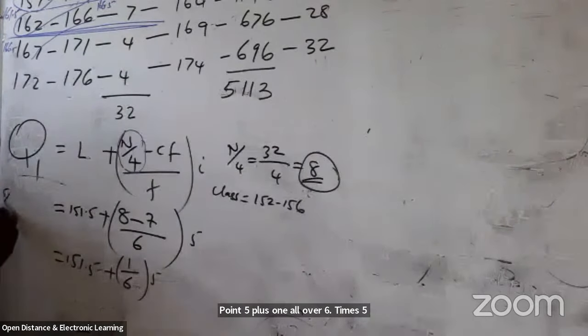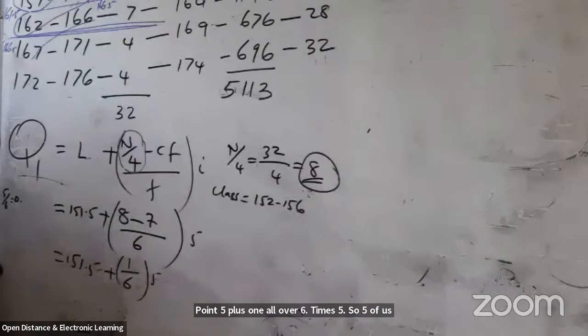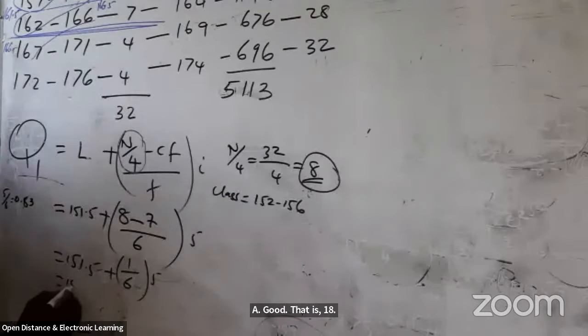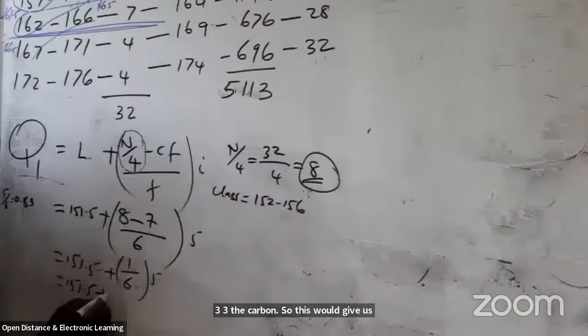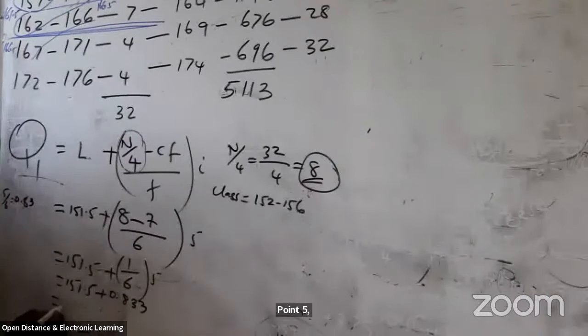So 5 over 6, that will give you 0.8333 recurring. So this would give us 151 plus 0.5 plus 0.833.